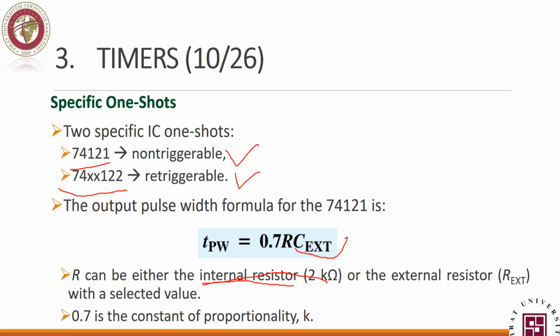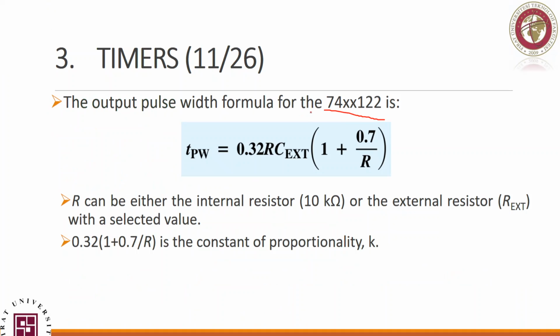Now remember, this is 74XX122. This is retriggerable. And here, if the internal resistor is not 2 kilo ohm, it's 10 kilo ohm. So if I don't give it to you in a question, consider it 10 kilo ohm. If I give it to you, that means it's connected externally, and use its own value.